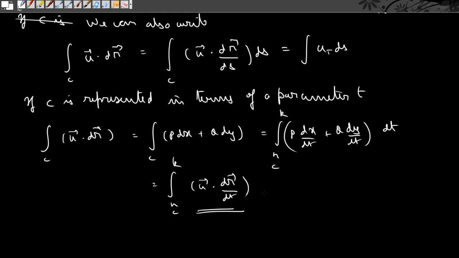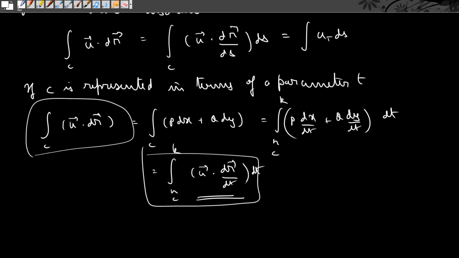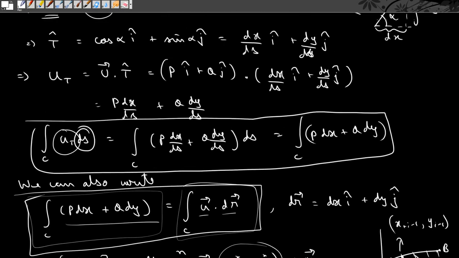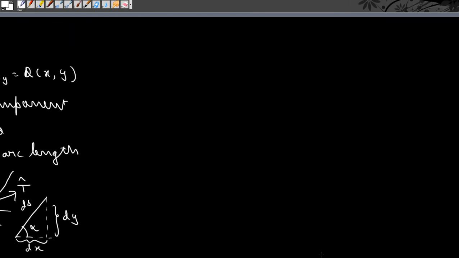So in this manner, if we can express our curve in a parametric form, then we can express this integral in this form as well. Oh, dt is missing here. Alright, next we will consider another way of interpreting our general line integral.